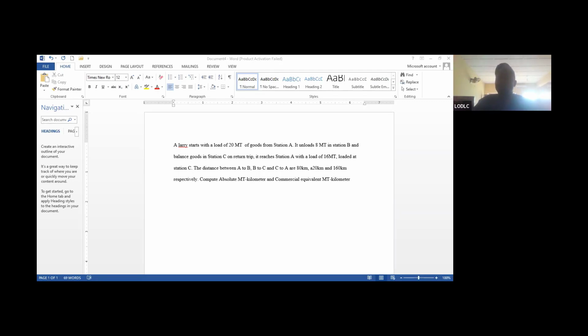You now multiply by the total number of kilometers: 80, 120, 160, making 360. 360 multiplied by the average, which is 16, we arrive at 5,760 metric ton kilometer. That is just a simple way to calculate weighted average or absolute basis and simple average or commercial basis.